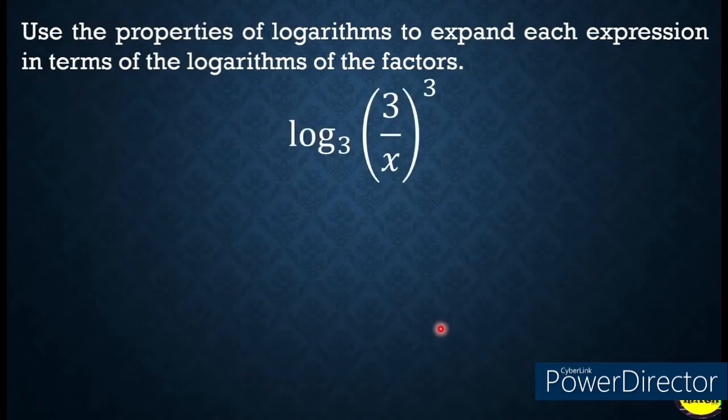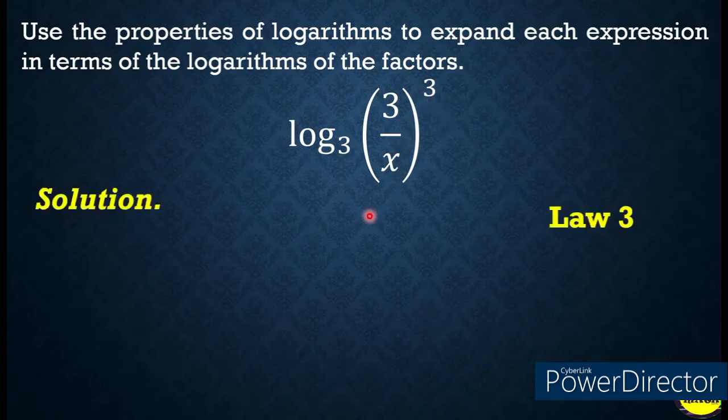Next, log of the quantity 3 over x cubed with base 3. So, as you can see, meron tayong quotient at meron din tayong exponent pa. So, anong una natin gagawin? First, using law number 3, lagay natin yung exponent natin doon sa unahan ng logarithm natin.